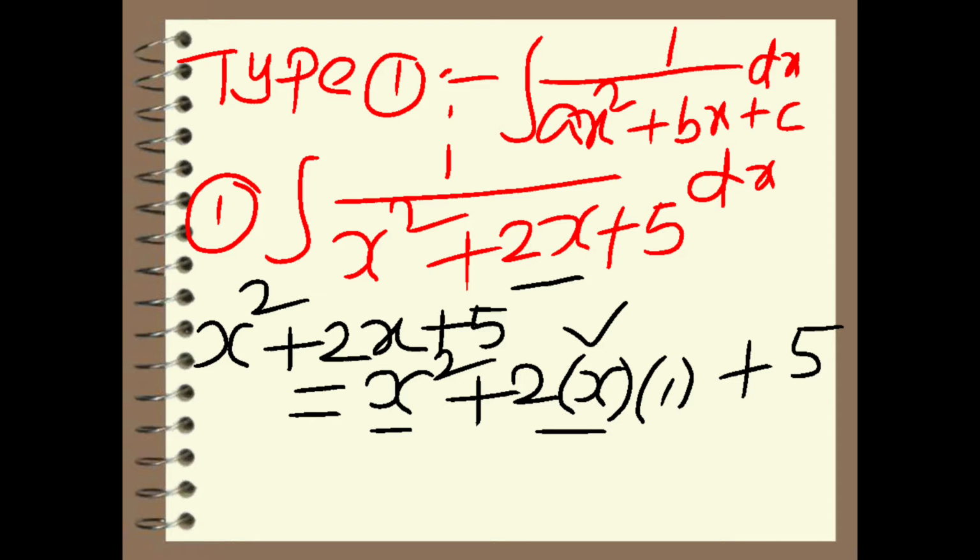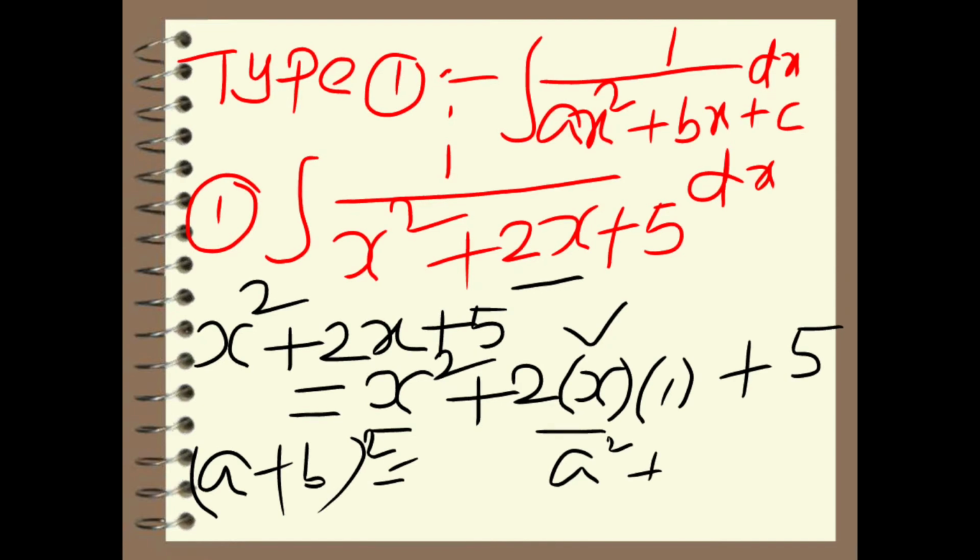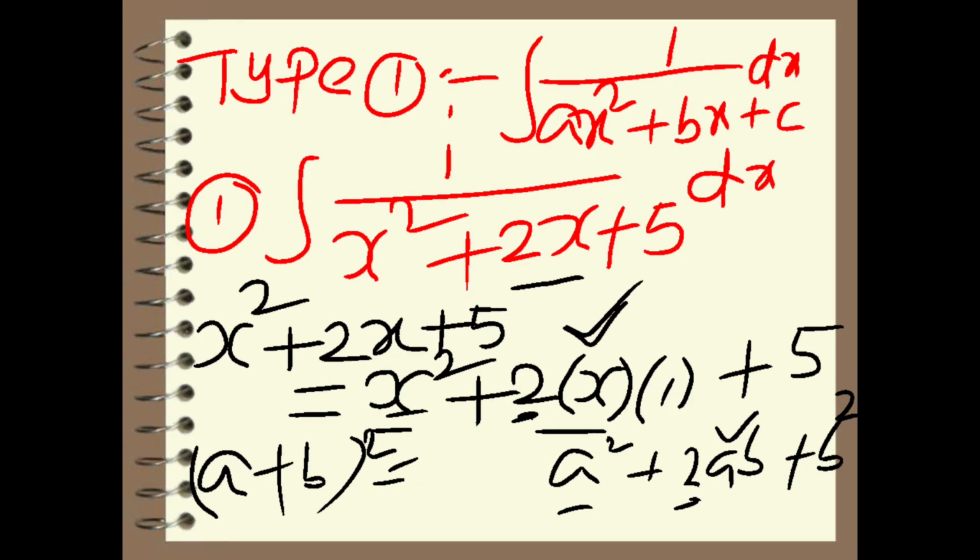Already we know what is a plus b whole square formula: a square plus 2ab plus b square. So in the place of a, what is there here? x. 2 coincides, and in the place of a, x is there. So what is there in the place of b?